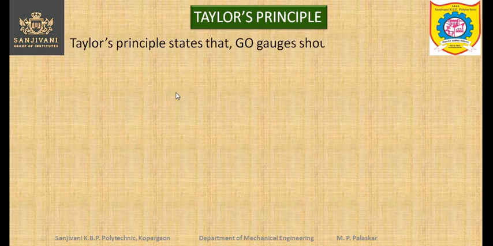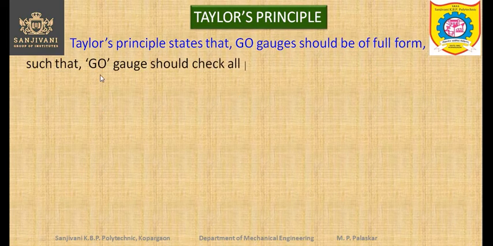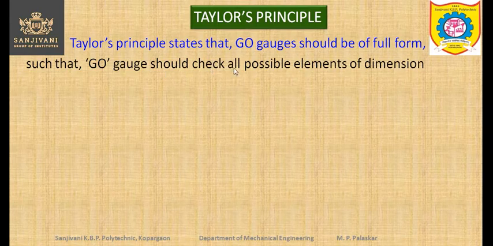So Taylor's principle states that go gauges should be of full form, so that the go gauge checks all possible elements of dimension. You will find that in the case of snap gauges, the length of the go gauge is more than the no-go gauge.